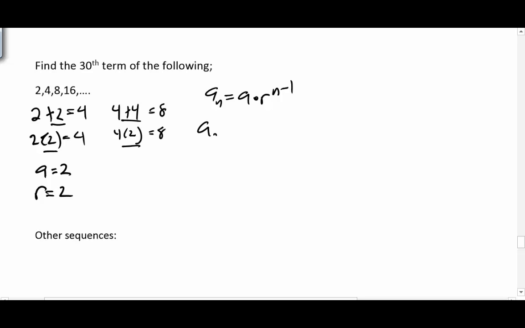So the 30th number would be 2 times 2 to the 30 minus 1, or 2 times 2 to the 29th. Now, that definitely is a good calculator question. I don't think anyone should know what 2 to the 29th power is off the top of their head.